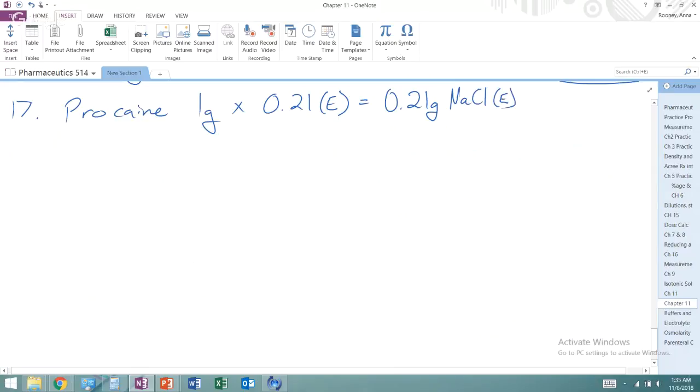All right, and then we have to find out the amount of sodium chloride, which is 100 milliliters times 0.009, which is equal to 0.9 grams sodium chloride.